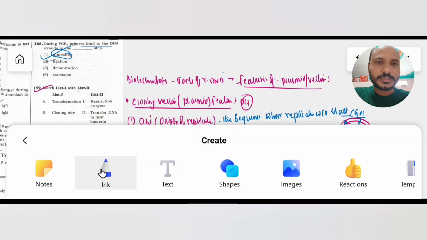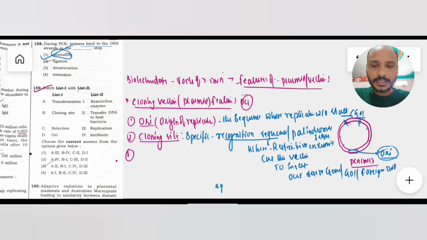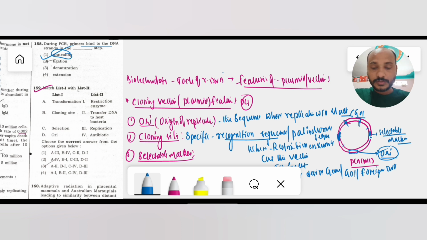One more feature of the cloning vector is the selectable marker, very important. Generally a plasmid has two important selectable markers, for example this region and this side region. These two are selectable marker regions. What exactly does selectable marker mean?